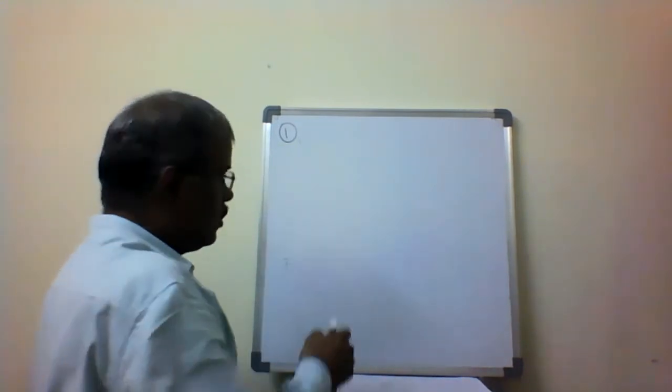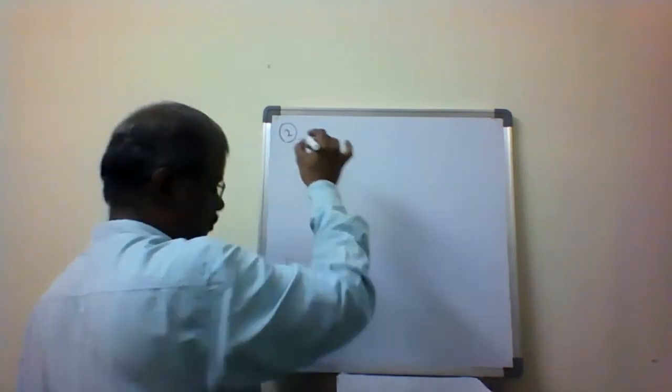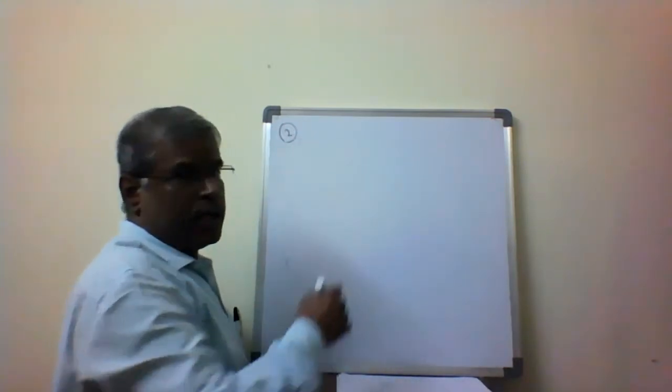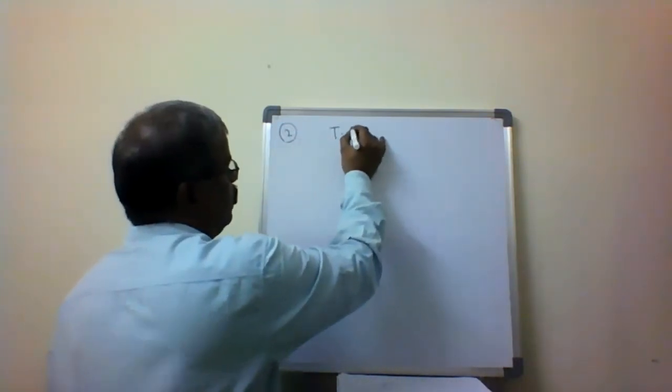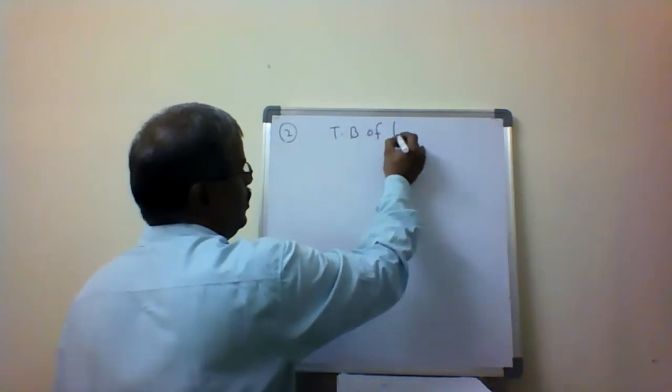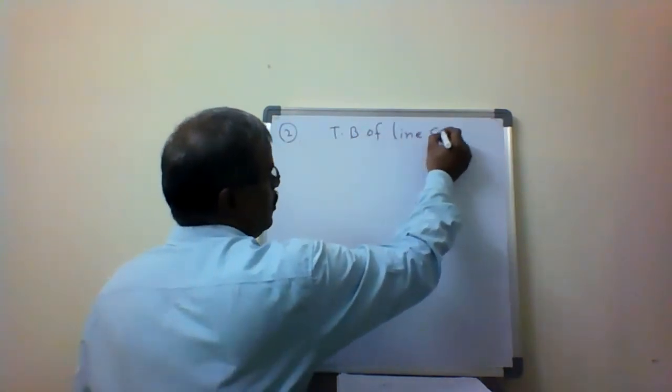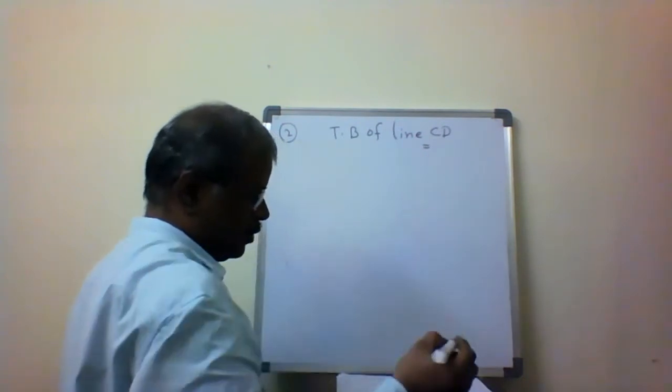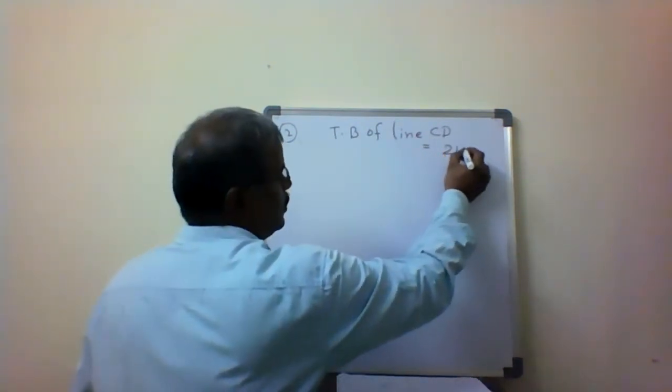Next is the second problem. The true bearing of line CD equals 210 degrees 45 minutes.